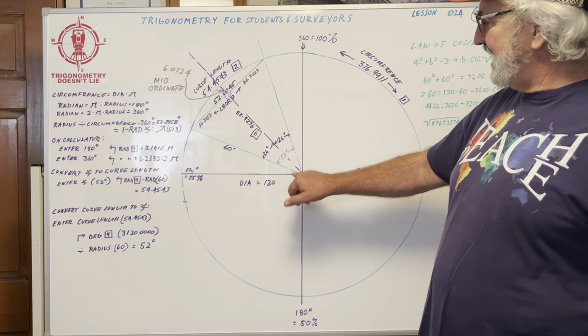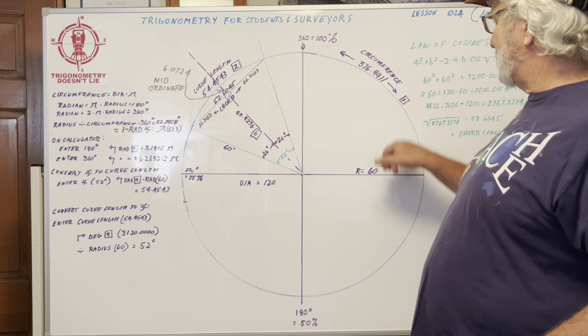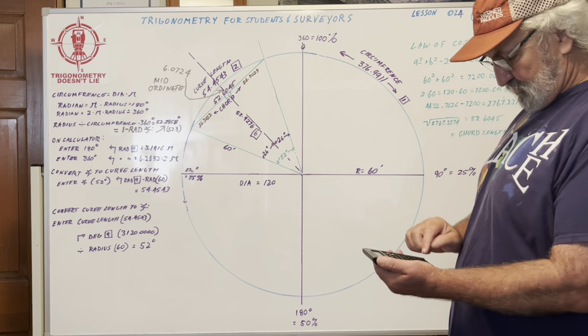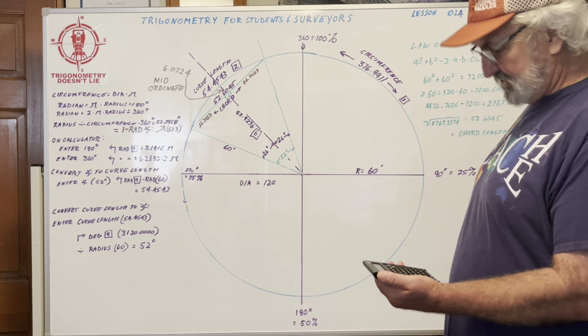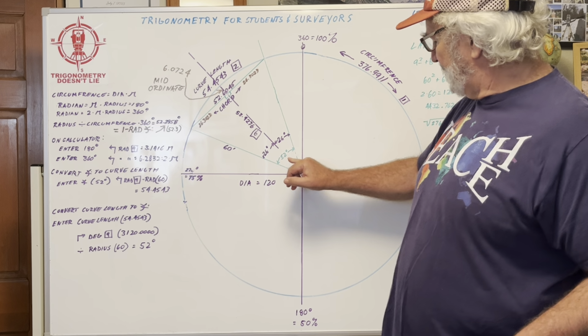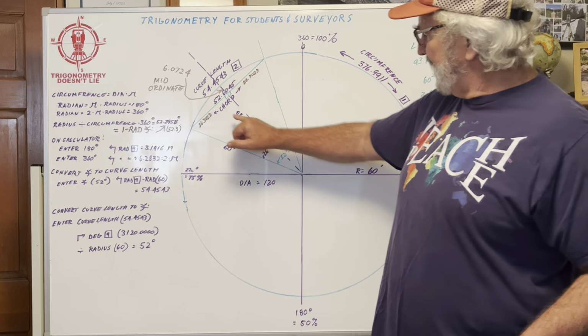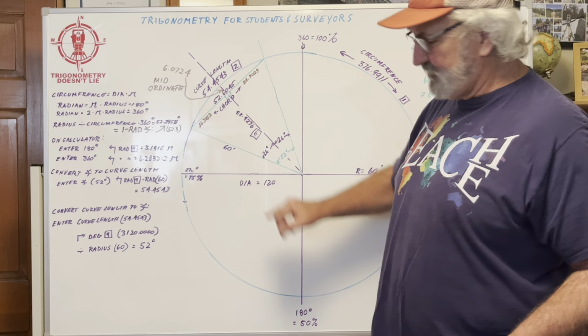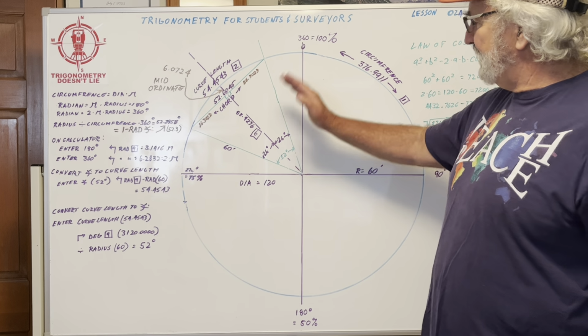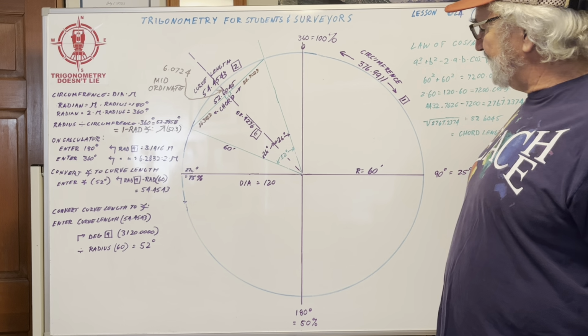Radius times 2 is the diameter. Diameter times pi is going to give you that circumference. Then I already have that stored as 1, and then times. So our curve length for a 52-degree angle for a 60-foot radius is going to be 54.4543. And I've stored that as 2. So that's how you solve the curve length from the angle.